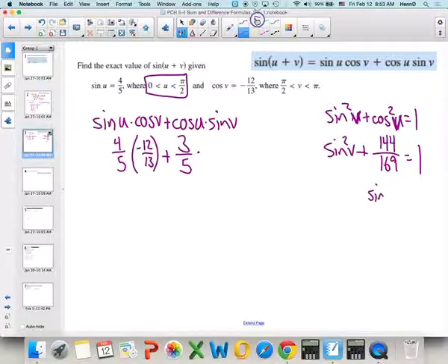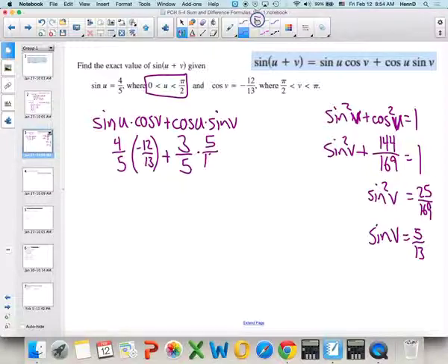So sine squared of v, if I subtract, is going to be 25 over 169. So sine is 5/13.